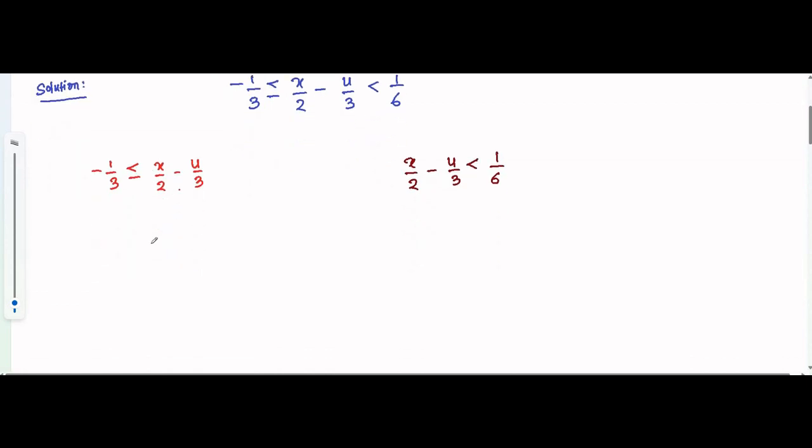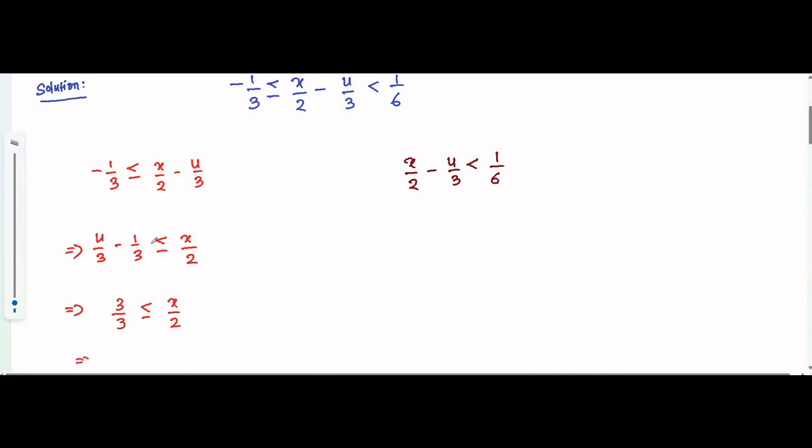So we take this minus 4 by 3 and we take it to the LHS side, so it will become plus. So we have 4 by 3 minus 1 by 3 is less than or equal to x by 2. That implies 3 by 3 is less than or equal to x by 2, which is equal to 1.